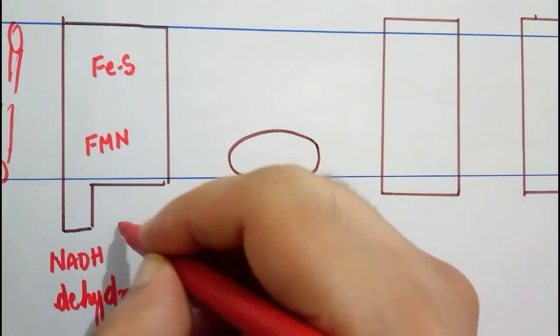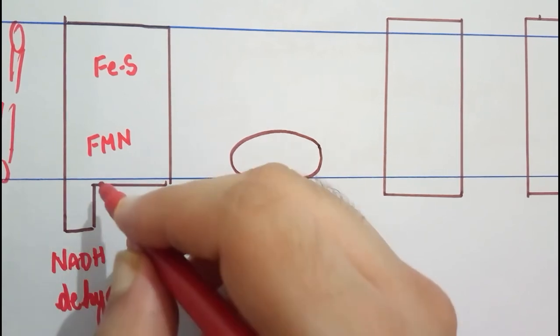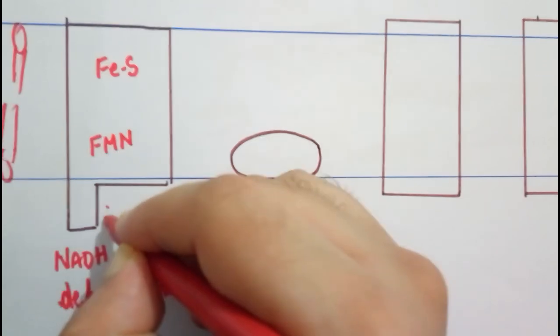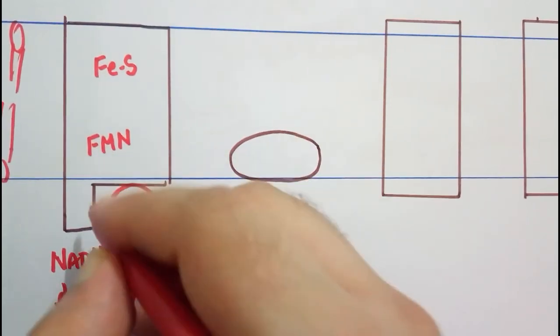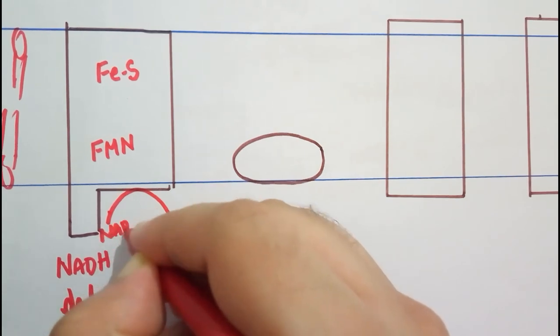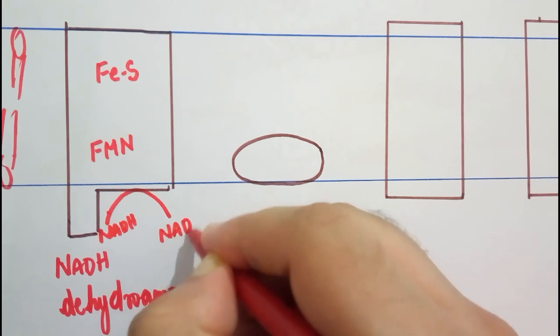So now NADH is getting oxidized here. At complex 1, NADH is going to get oxidized and converted into NAD plus.